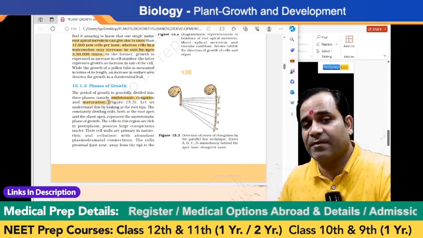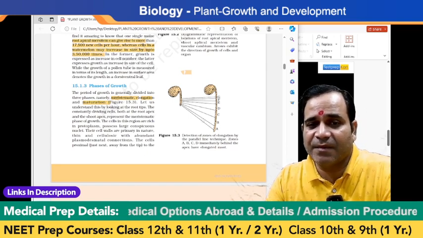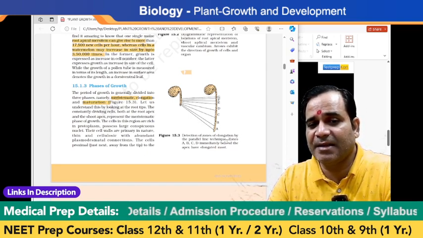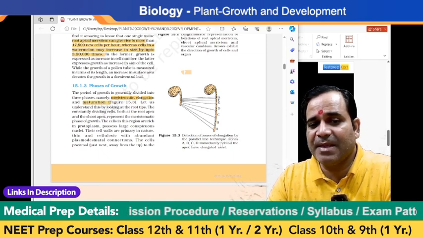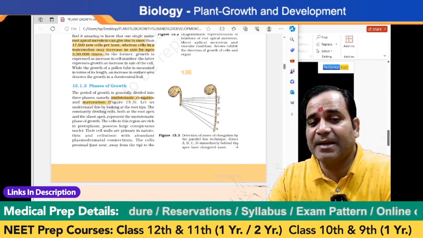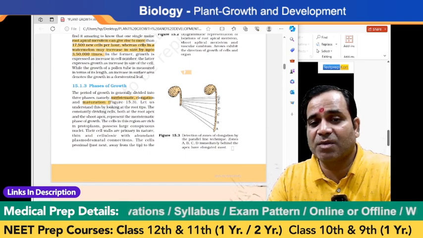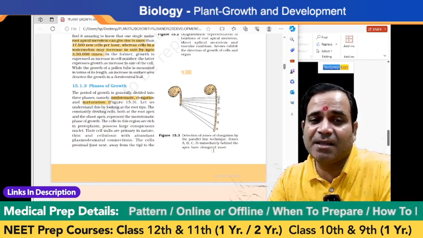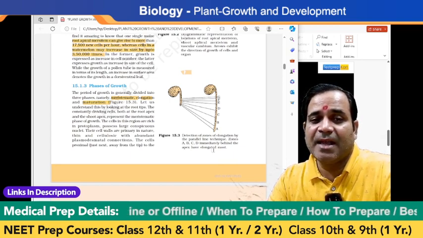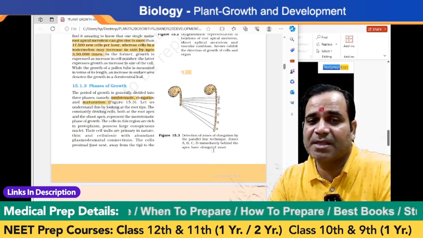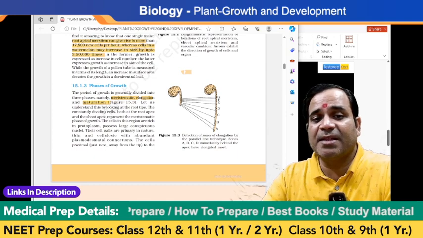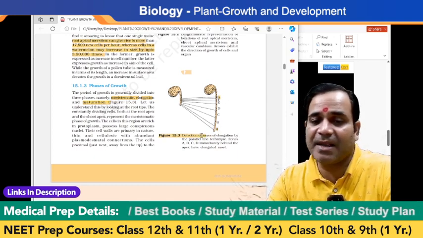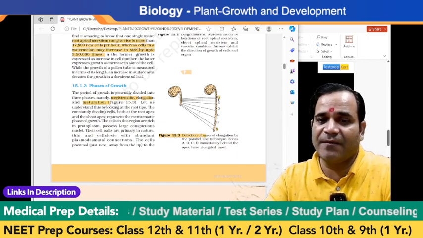In this way the cell grows. See the figure: detection of the zones of elongation by the parallel line technique, zones A, B, C, D immediately behind the apex have elongated most. A, B, C are the dividing cells, then the elongation cells, then the maturation cells. At this level the cell does not mature; the cell can multiply in this stage or phase.